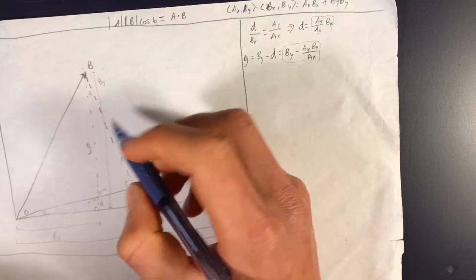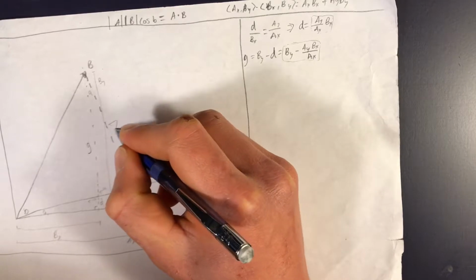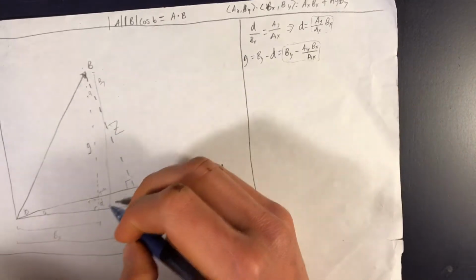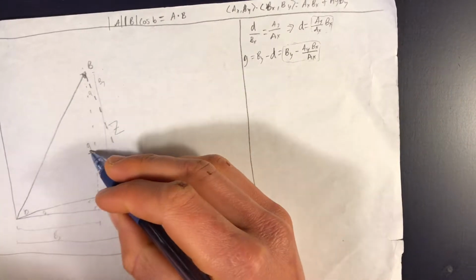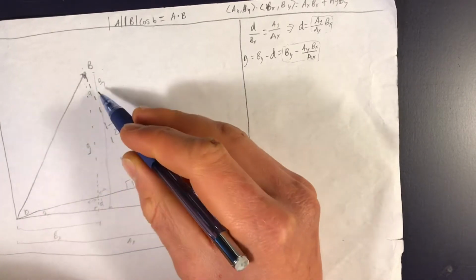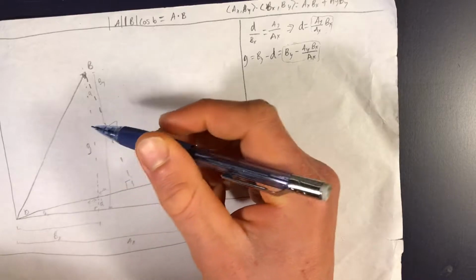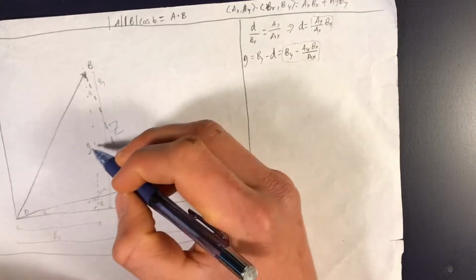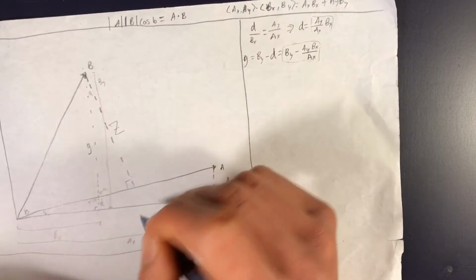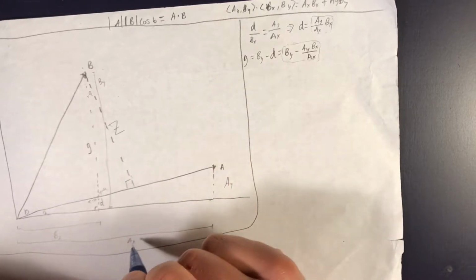Now what we want to do is find this side right here, which we'll call Z. And pretty much we could do the same thing as how we found D. This is the hypotenuse, the longer side, so it's going to be G over Z. But since these two triangles are proportional, G over Z is equal to the absolute value of A over AX.